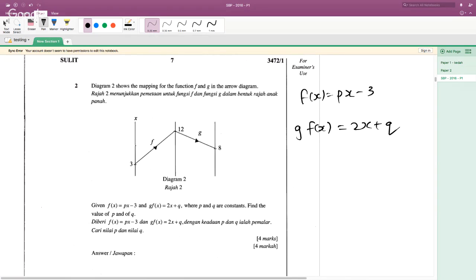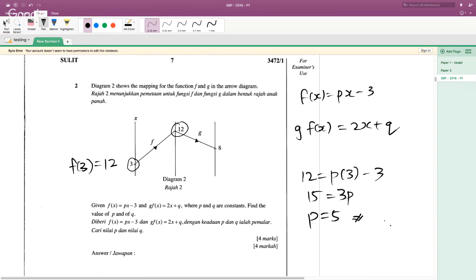This is x. If x is 3, then f(3) equals 12, because f(3) gives you 12. So 12 equals p times 3 minus 3, since I substitute 3 into the x. Then I can easily get 15 equals 3p, so p equals 5.